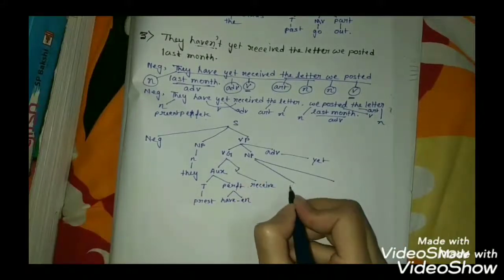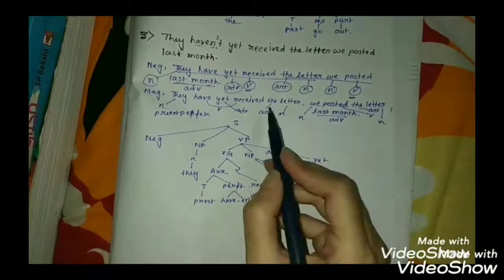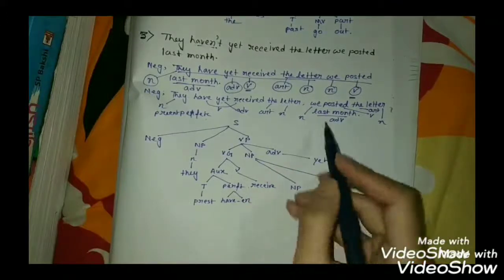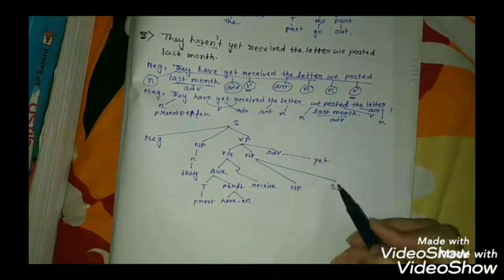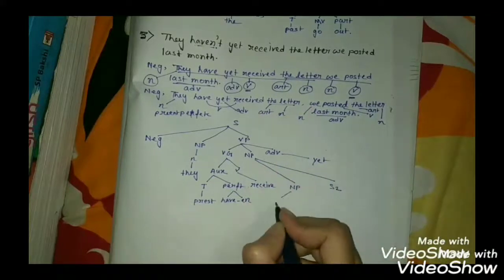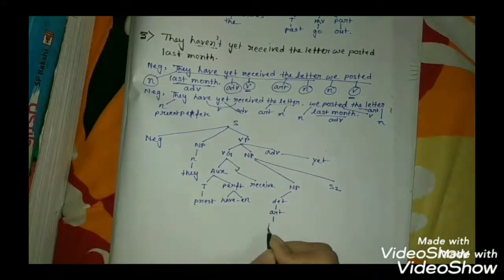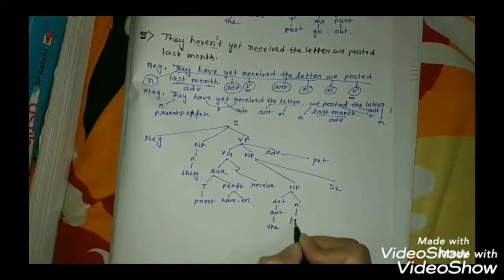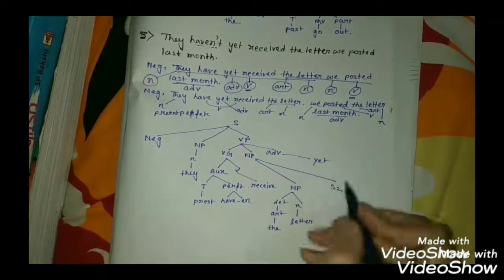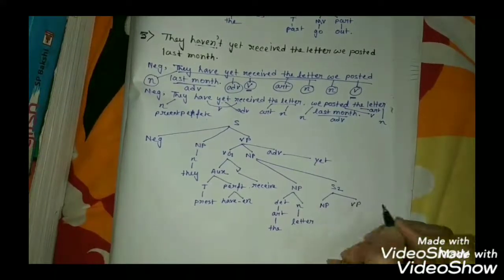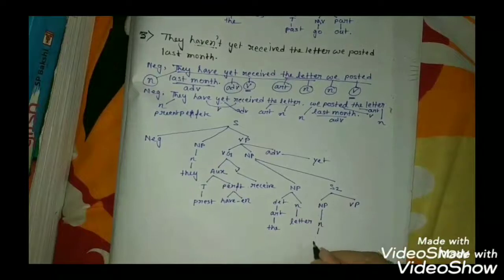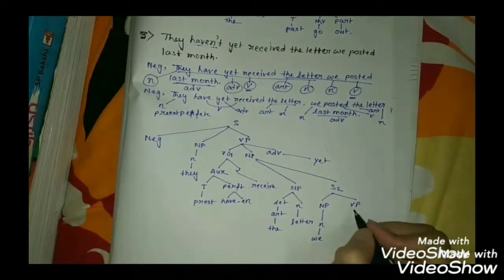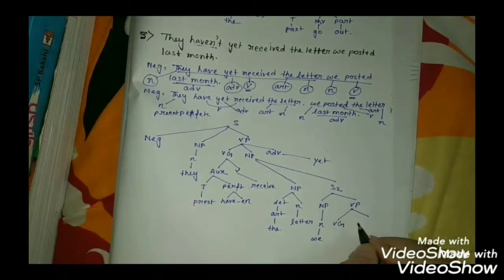into NP and S2 because the letter is NP and we posted the letter last month will be S2. So the letter, determiner, article, the, noun is letter. S2 will be divided into again NP, VP. So N is noun and VG, NP.